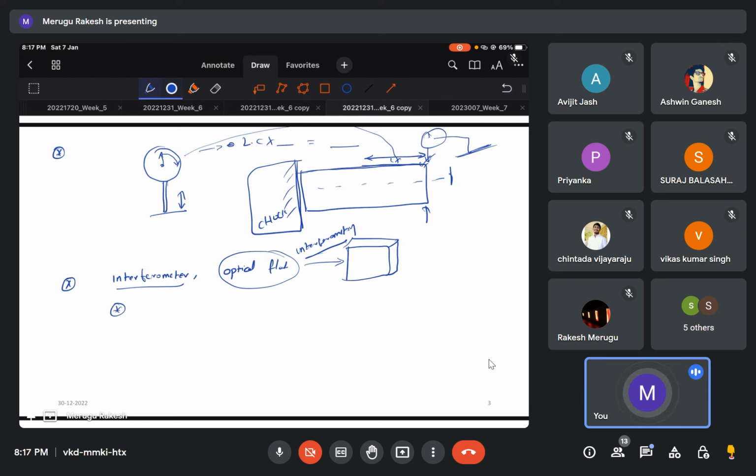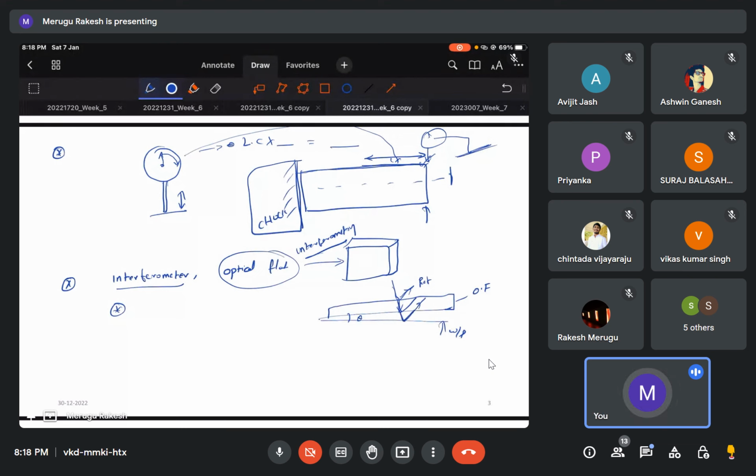So the basic principle, I think I explained in the last class at the end. Suppose this is the workpiece length, and we have some theta deviation, and this is the optical flat. When you pass light, it will have reflection as well as refraction, and finally it will go here and it will read.